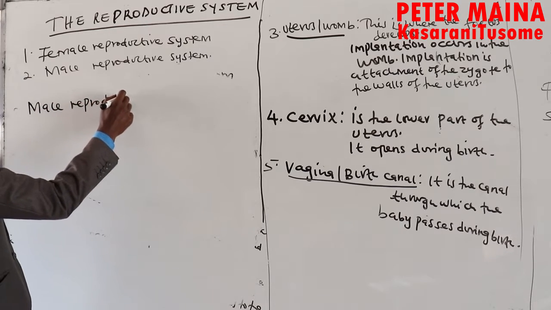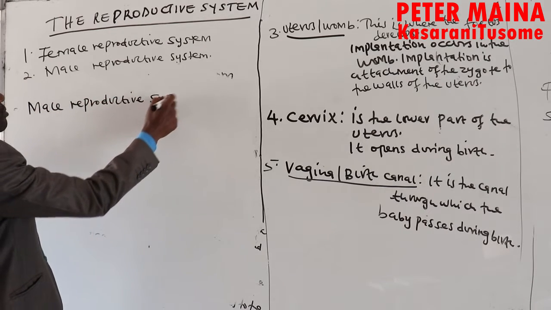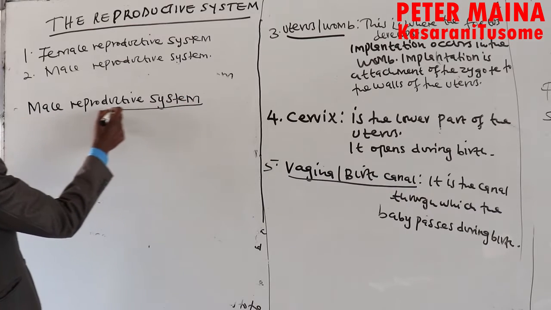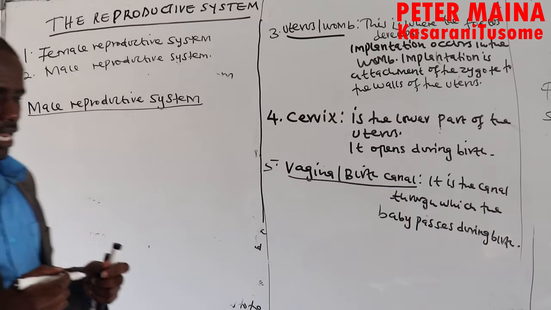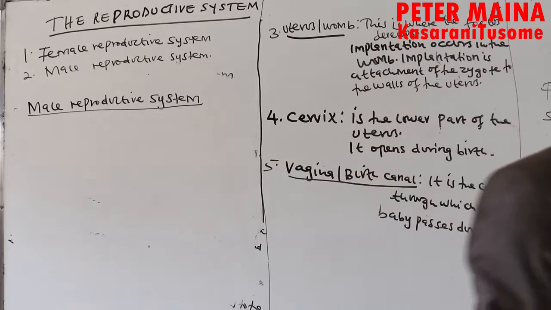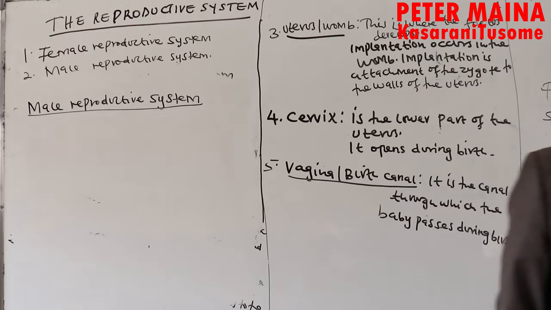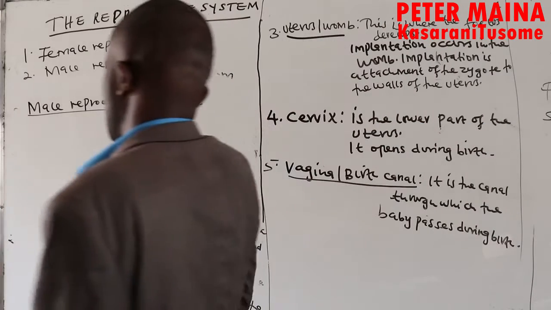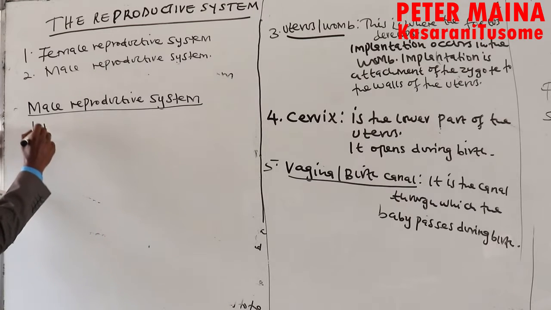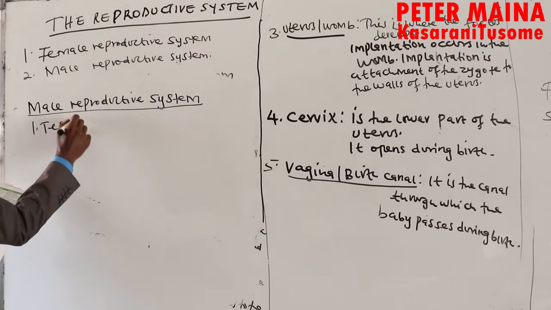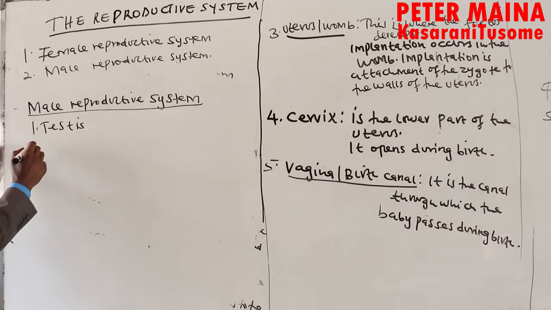When we talk about the male reproductive system, we are going to be discussing the testes and the scrotum. So these are the components. We have the testes. We have the scrotum.